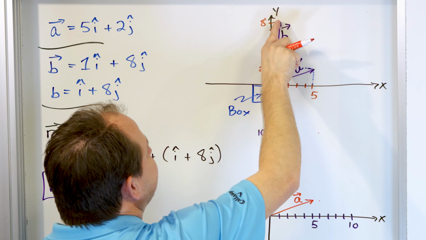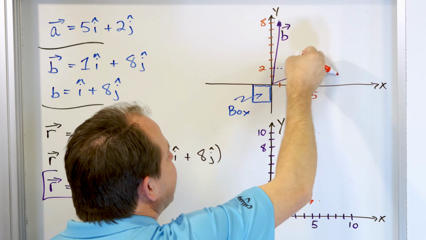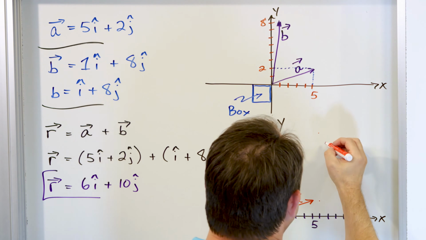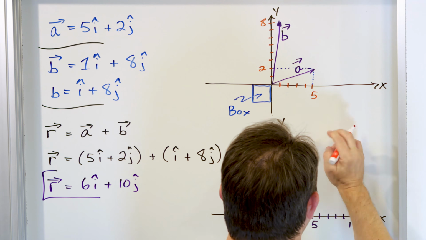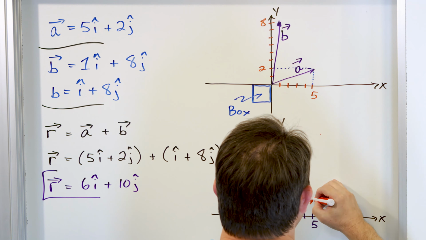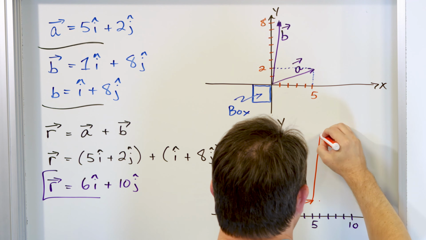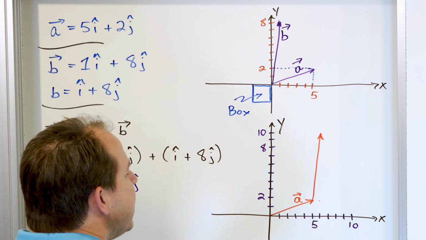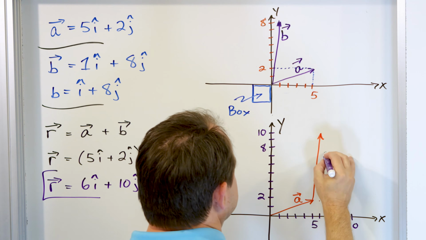So the original vector stopped up here at 8, but because I had to shift it up, the new one's going to stop up at 10, like this. So what's going to happen is it's going to go up. I think that's not quite far enough over here. It's going to be something like this. And then that vector is going to be like this, more or less, pretty close to it, right? And this is called vector B.